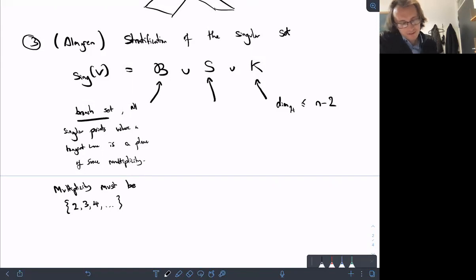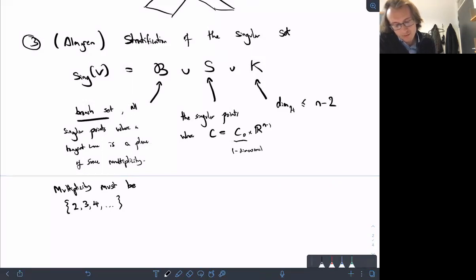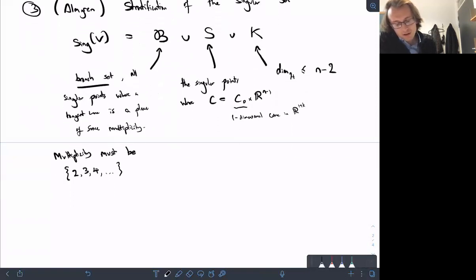And finally, the S set is the singular points where a tangent cone is of the form C = C0 × R^{n-1}. This C0 is a one-dimensional cone in the resulting ambient space R^{1+k}, for a codimension k minimal surface or stationary integral varifold. In particular, because it's a cone, C0 must look like a union of rays.